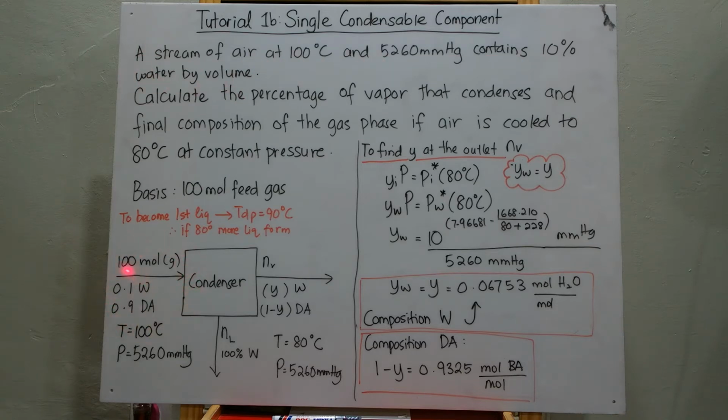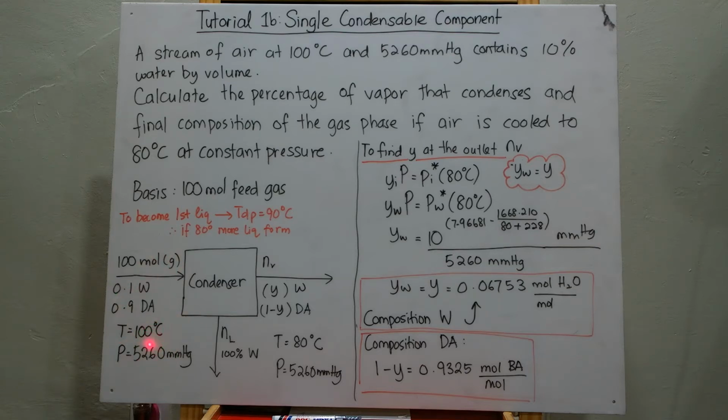Okay, so we have 100 moles, and because it gives 10% water by volume, we have 0.1 water and 0.9 dry air at system temperature 100 degrees C, pressure at 5260 millimeter mercury. If we remember, this stream contains water vapor in a superheated state.